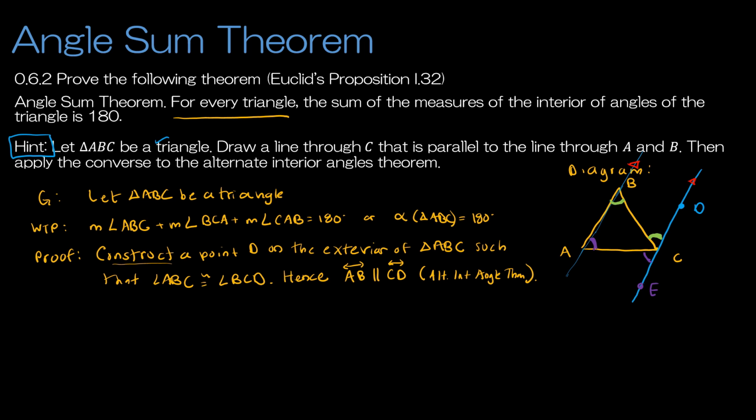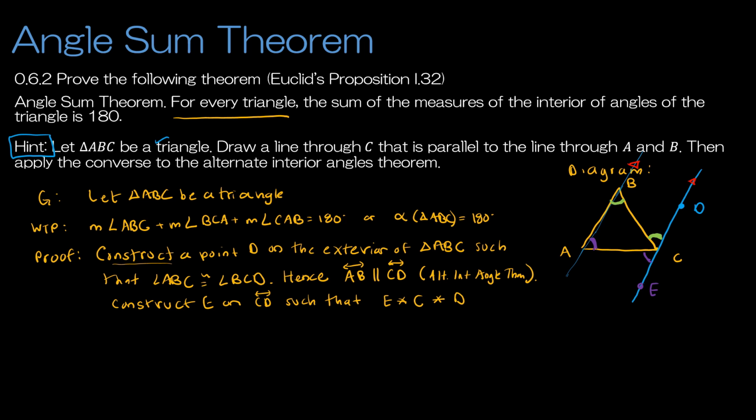So now I'm going to say construct E on that line CD such that, and now this next part is going to show where on CD point E is. I need C to be between E and D. Okay, so again, why do I have to be so specific in my proof?